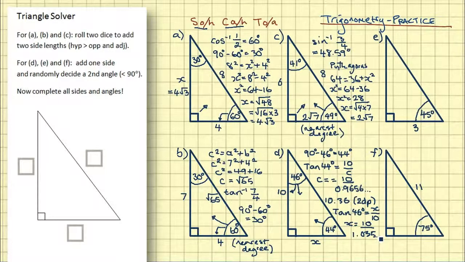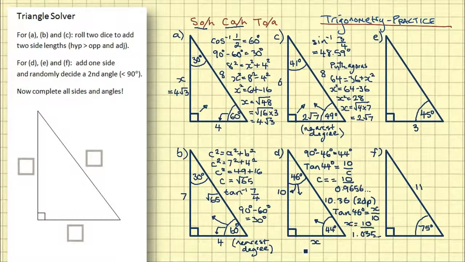Like that. So 10 divided by 1.0355, just to keep the accuracy, we end up with a value of 9.6571... So I'm going to call that 9.66.